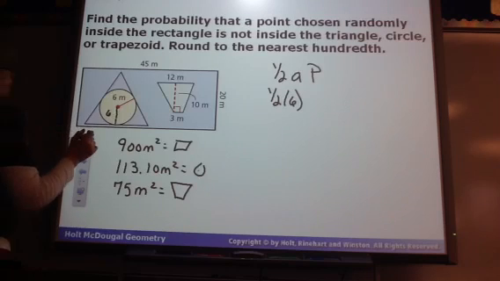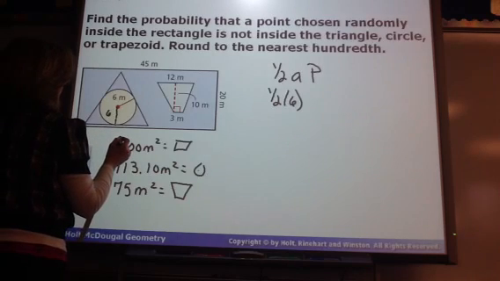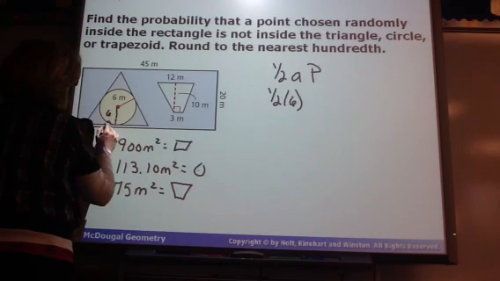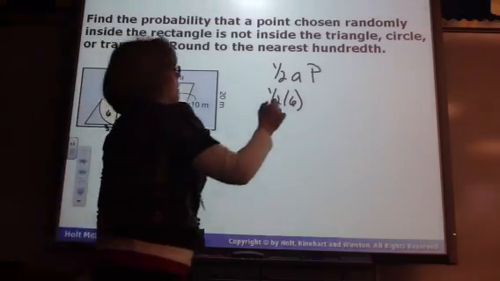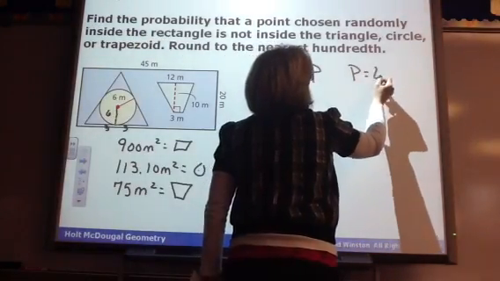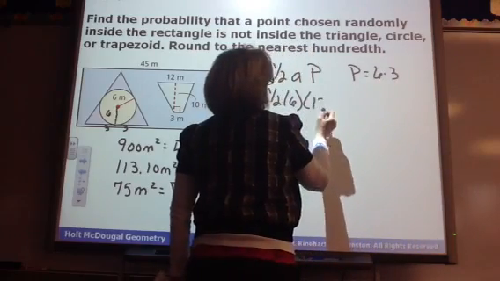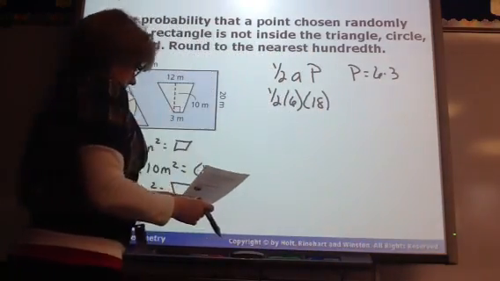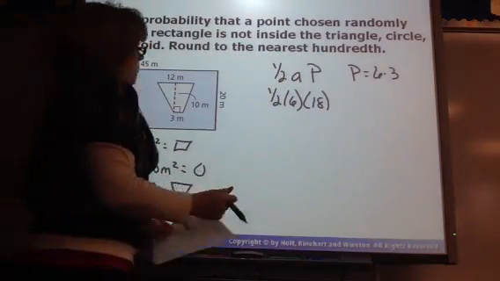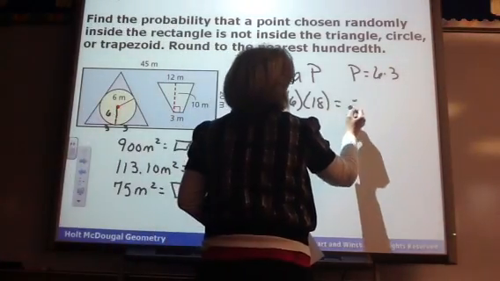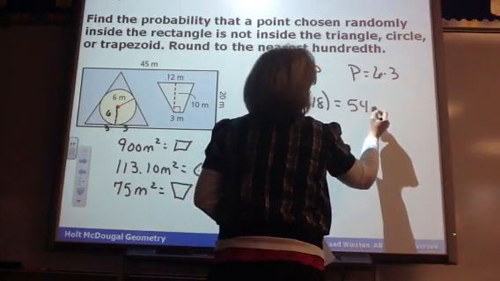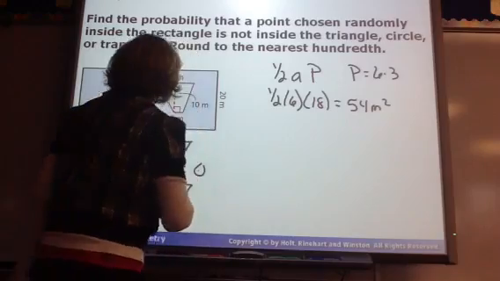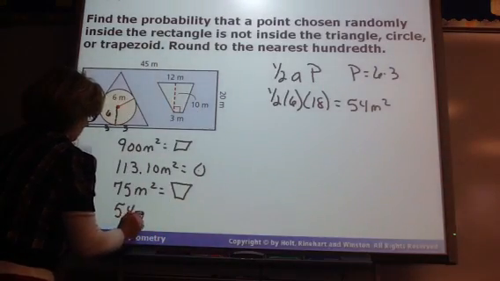And then this is 6, this is 3, this is 3. So our perimeter is going to be 18. So our triangle is going to be 54 meters squared.